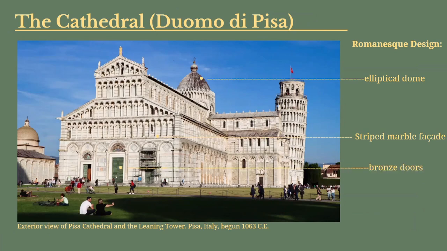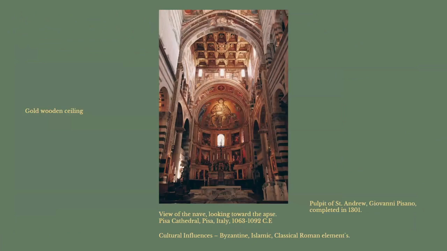Arcades and engaged columns create a sense of lightness, echoing ancient Roman covered walkways. So it's Romanesque architecture, very obviously. And inside, the cathedral boasts a timber roof and a golden wooden ceiling.